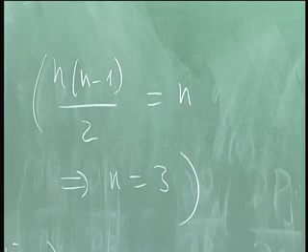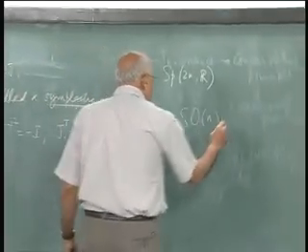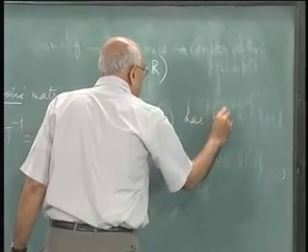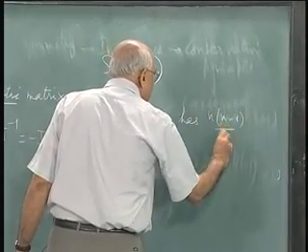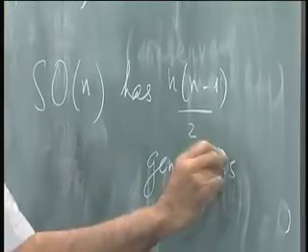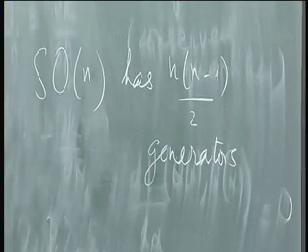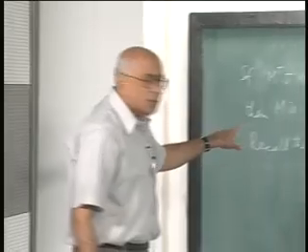So how many generators does SO(n) have? In exactly the same way you could ask how many generators does the symplectic group have? How many possible parameters do you need to specify all possible canonical transformations?